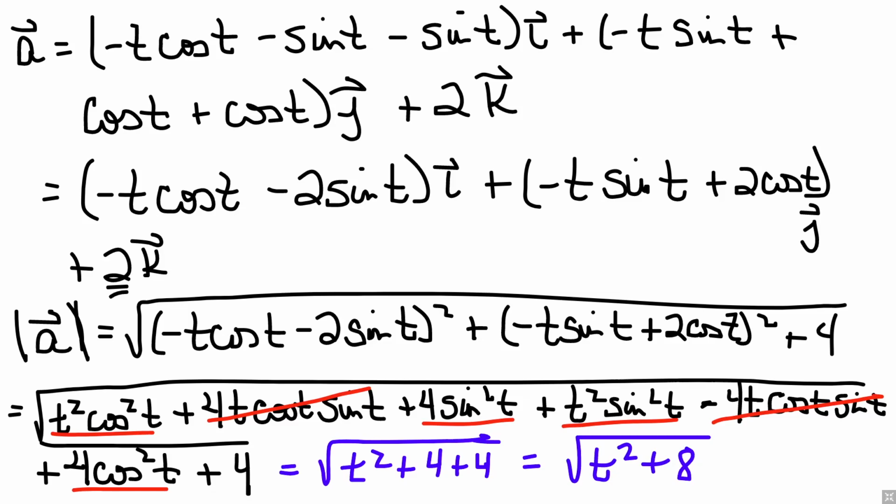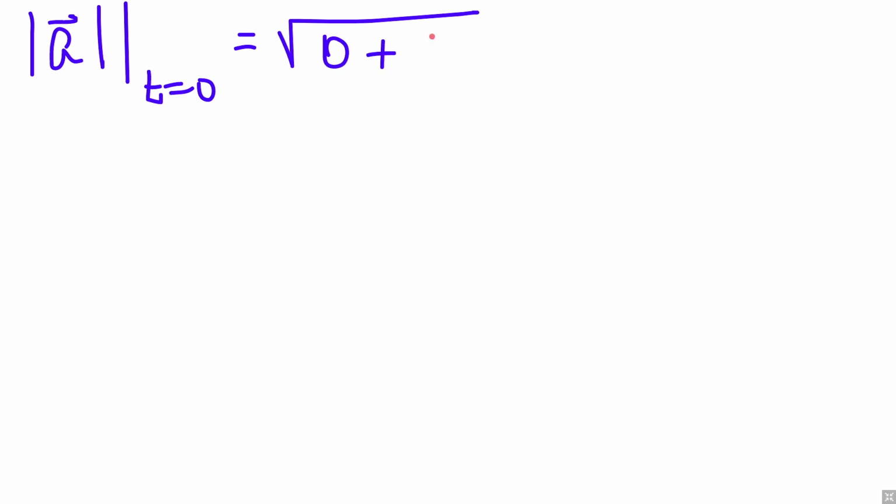Okay, so let's find this when t is 0. We have the square root of 0 plus 8, the square root of 8, which is 2 times the square root of 2.